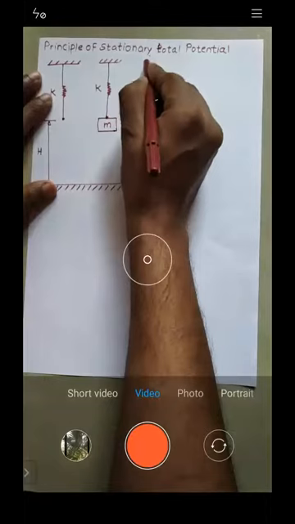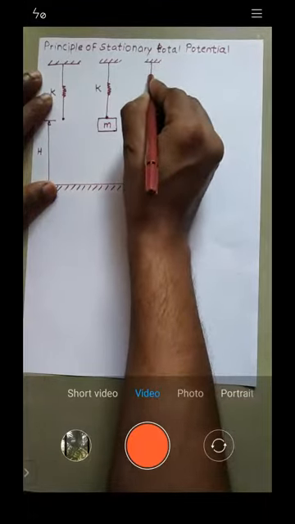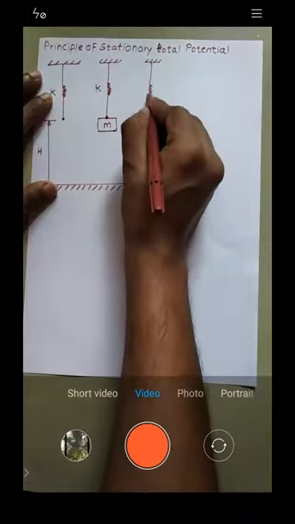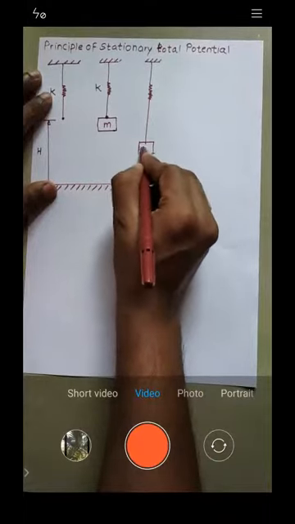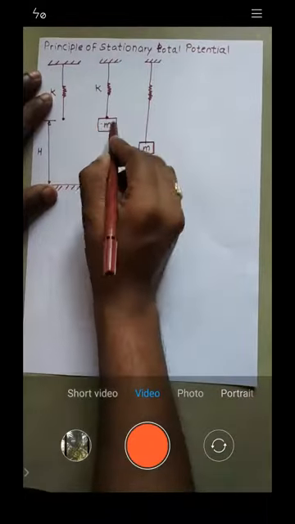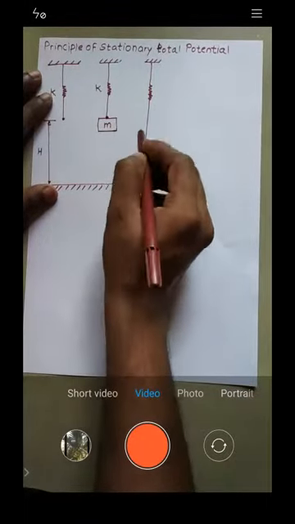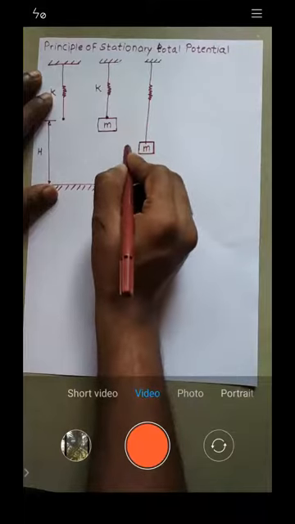As a result, the spring is going to have some deflection, and this is the new position of the mass. When you attach mass m, the spring is displaced through this distance.